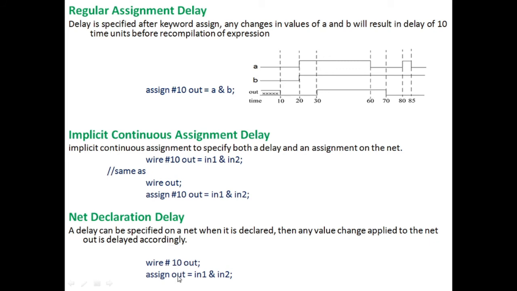Here, whenever I am declaring out as of type wire, at that time only I am declaring a delay for it. Next, the result of the expression is assigned to out, but out is previously declared with #10 as its delay. The output wire already has a delay of 10 time units. So this is the difference. This is about continuous assignments and delays.